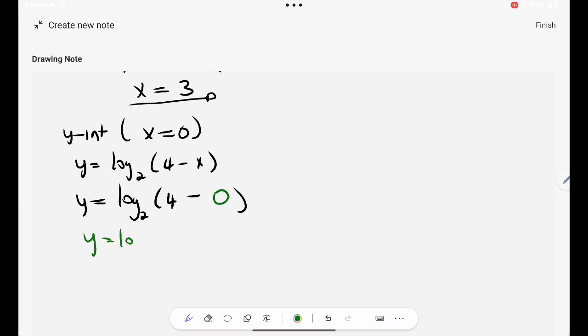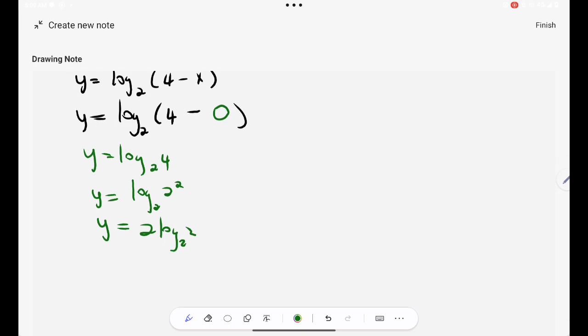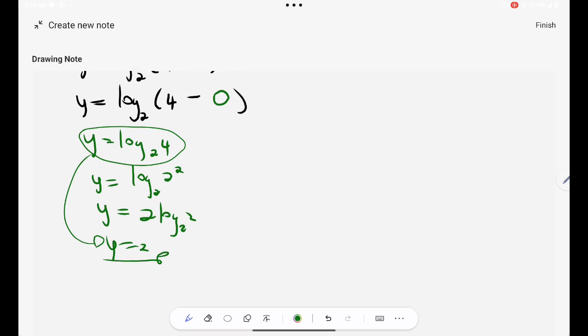This is y equals log of 4 base 2, and then y is equal to 2. If you are here, guys, just punch your calculator, it will get you straight there, ne? Y is equal to 2.